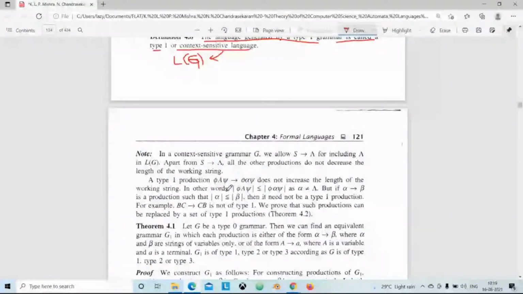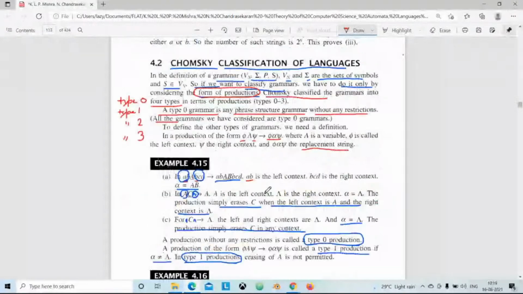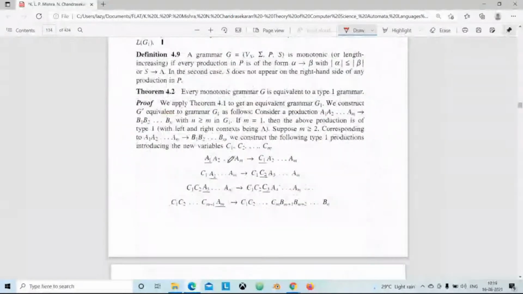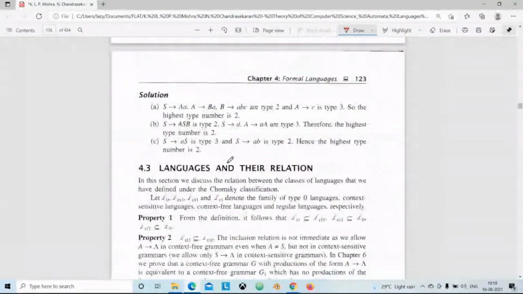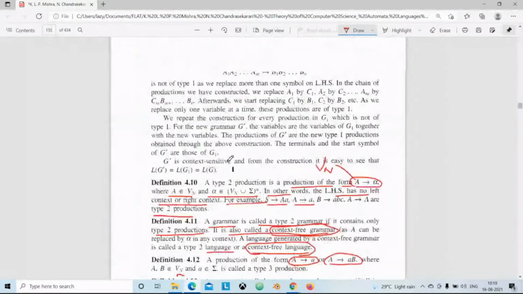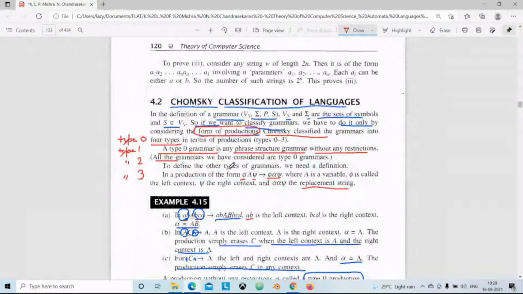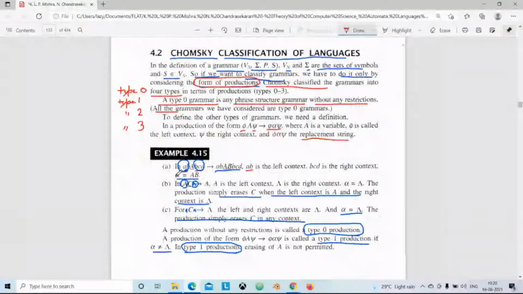Whenever you try to design a grammar, you have to observe how you are representing the grammar and what type you are using, whether it is type 0, type 1, type 2, or type 3.